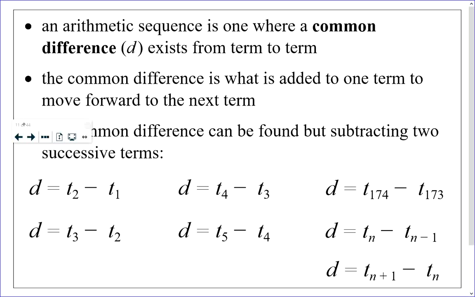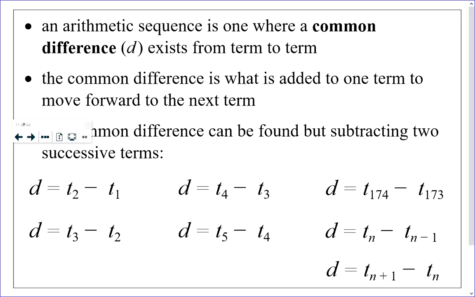The key idea here is that in all of these, what do I have? Seven different statements up here. The term number to begin with, for example, T3 minus T2, the term number is 3 minus the term number of T2, which is 2. It's 1 less.